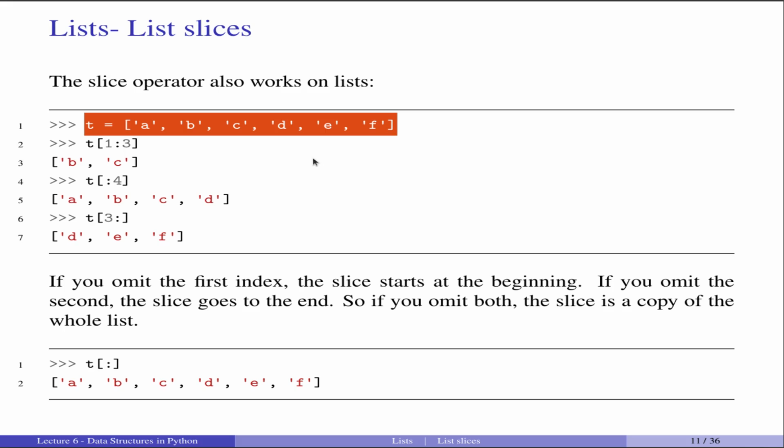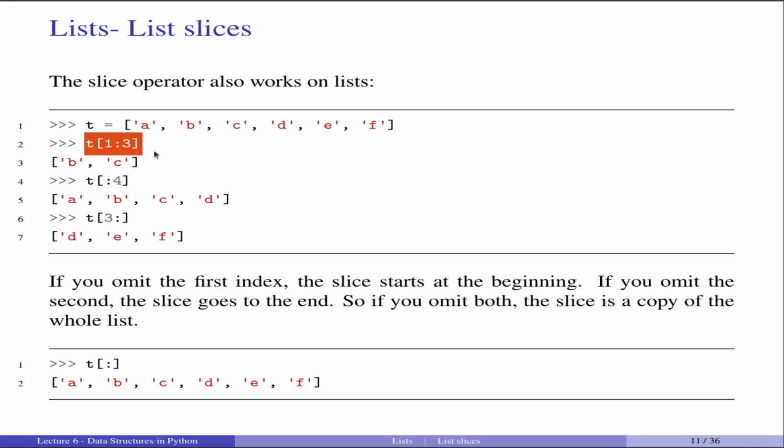Now I can find a sublist from the whole list, a specific subset of the list. So for example, if we write t[1:3], this is the syntax, remember the syntax. We first give our starting index and then after the colon our ending index, up to which it will go but not including it. So if I give t[1:3], it will find the item indexed 1 and go up to 3 but not equal to 3.